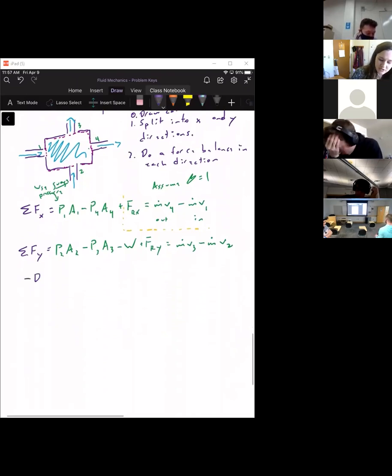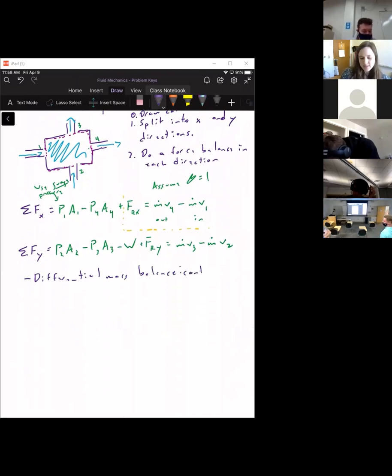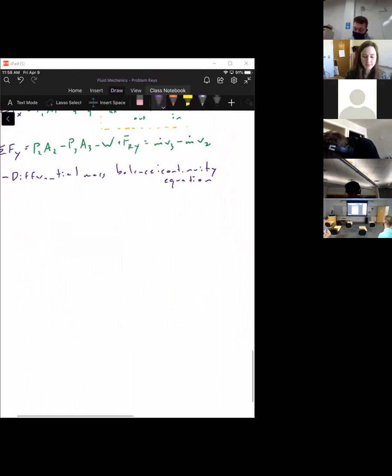So a differential mass balance is the continuity equation. Someone asked how we would use the continuity equation, and I said we would get to it, and here we are.